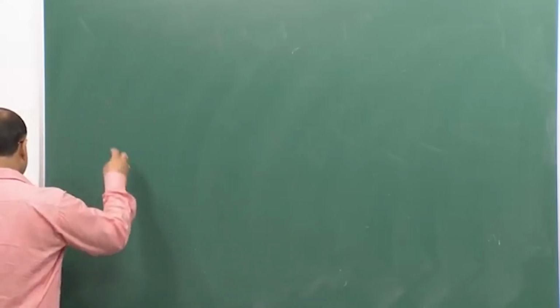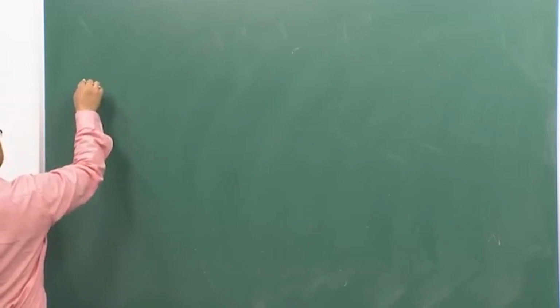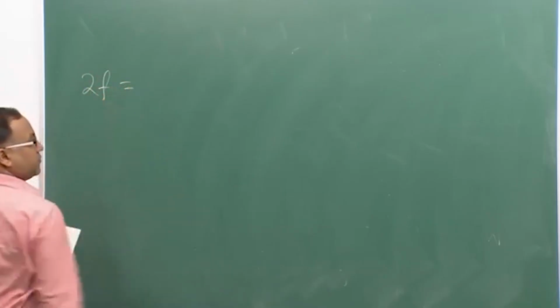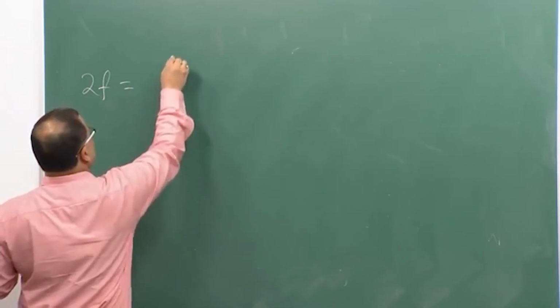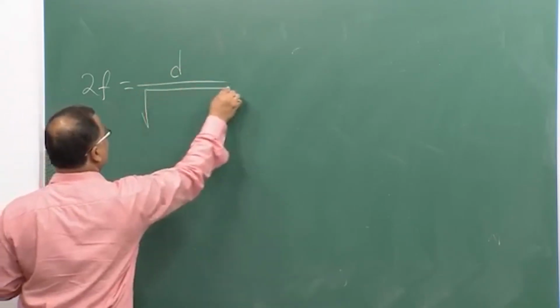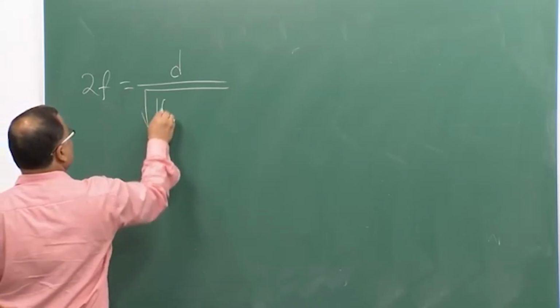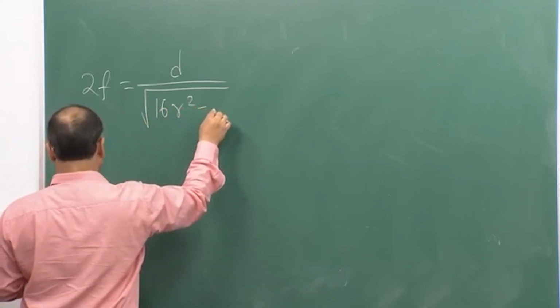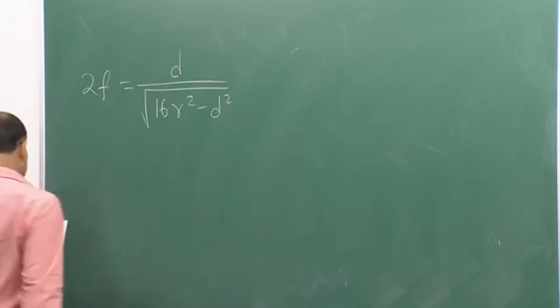Okay. So, therefore, I can write twice f equal to the expression for cot theta; we already have the expression for tan theta, which involves 16 r square minus d square.